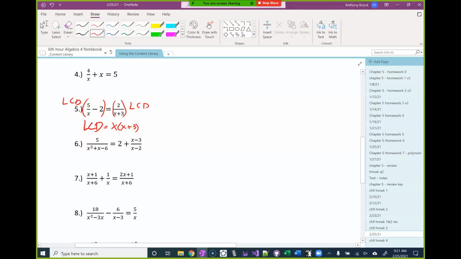You always multiply both sides by the least common denominator? Yes. So when I do that, I'm going to have x times x plus 3 times 5 over x minus x times x plus 3 over 1 times, I'm going to write this as 2 over 1, just so we don't get confused on what to do with the fraction.